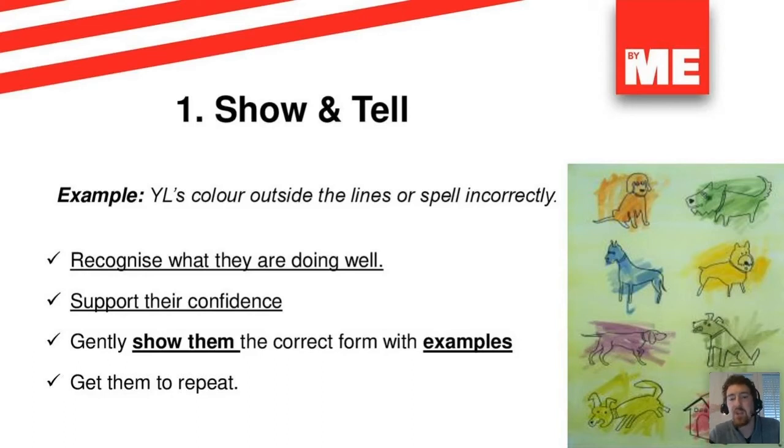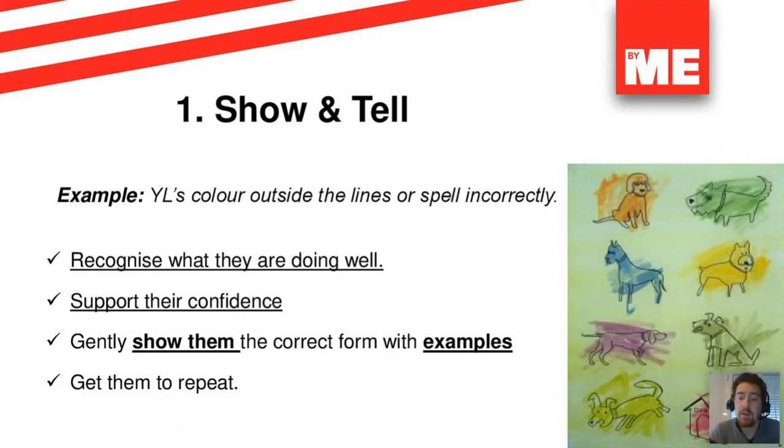So if the objective of the task is to color inside the lines, then we can show them on a different piece of paper. Okay, what I want you to do is take this color, follow the line, and color inside the shape. Okay, then after we gently show them, we ask them to repeat. That way, their confidence doesn't suffer.